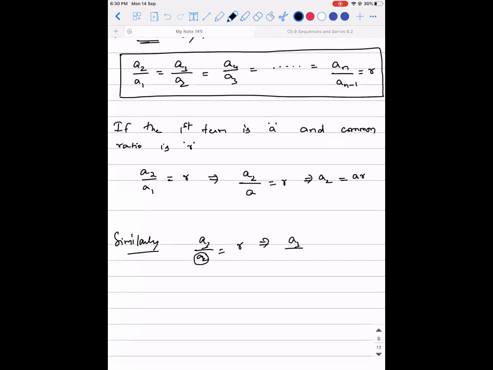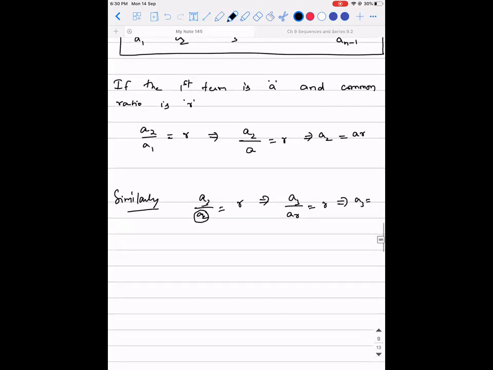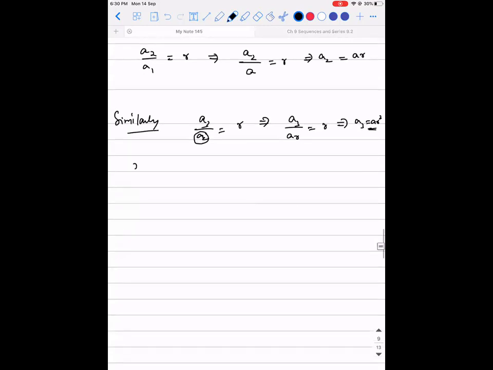AR. If you substitute AR, this will be R, which implies A3 is equal to AR square. Similarly, A4 divided by A3 is also R, which implies A4 is equal to A3 into R. A3 is AR square into R, which will be AR cube. Are you able to understand?